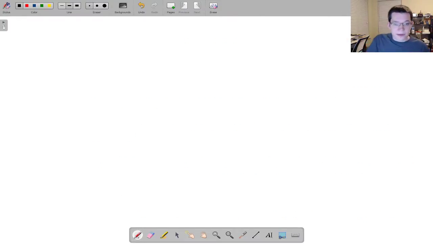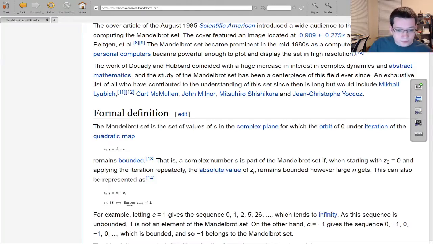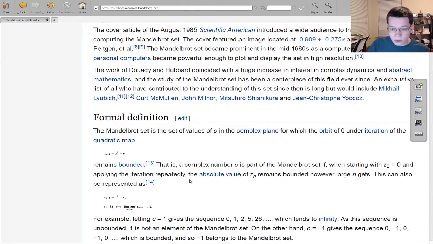Like relates to the complex plane. So if we have a number here, let's say a number C, if this is the imaginary axis and this is the real axis, come back here. Set a value c in the complex plane for which the orbit of 0 under iteration of the quadratic map z(n+1) = z_n squared plus c remains bounded.